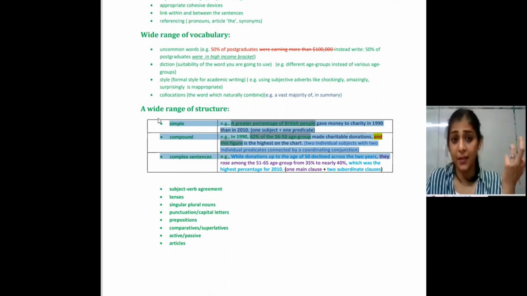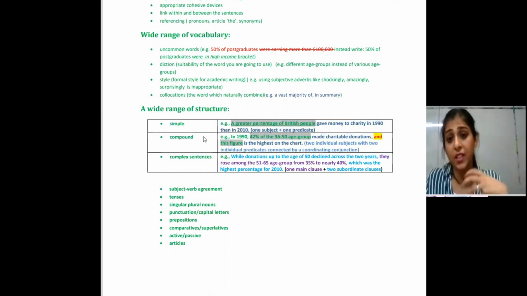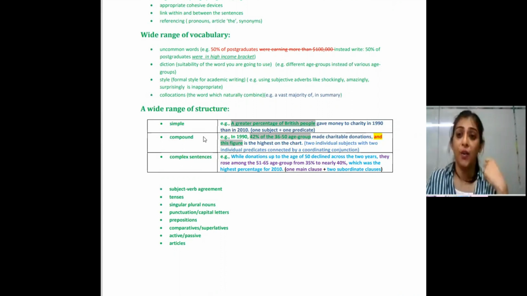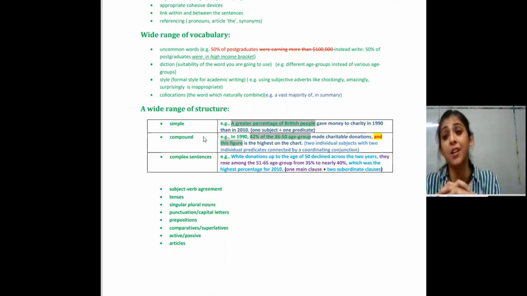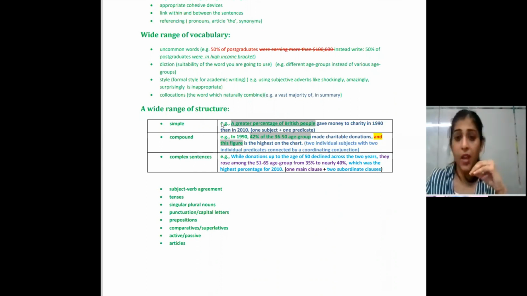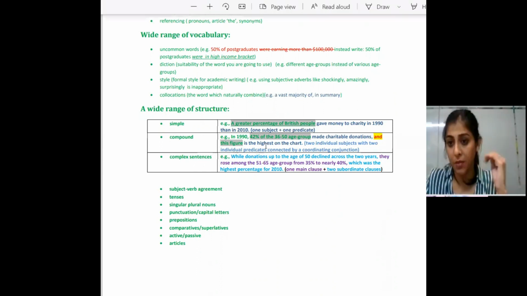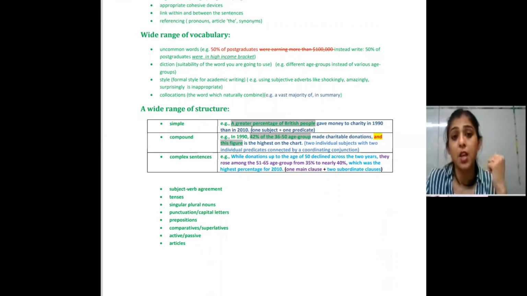Now, what are they? Because most students find it difficult to understand what simple sentences are, what compound sentences are, what complex sentences are. So here I've written some examples, and also the way to make complex, compound and simple sentences. You can see in the table. First of all, simple sentence.